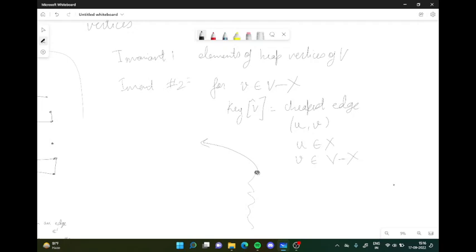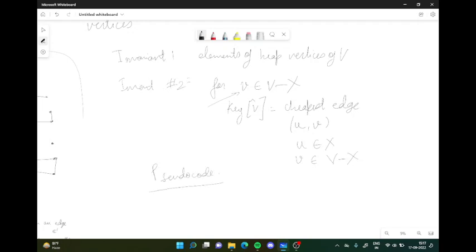Just remember this, after we extract the min, the frontier has changed, and because it has changed, we have to recompute the keys of all elements outside X basically. For all of these vertices, we have to update the keys. So let's look at the pseudocode which I've written here.